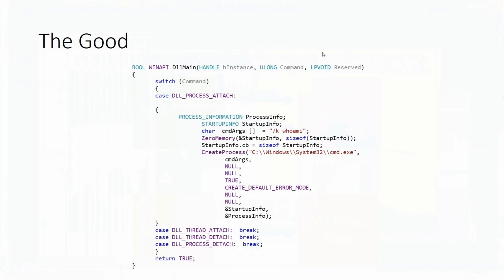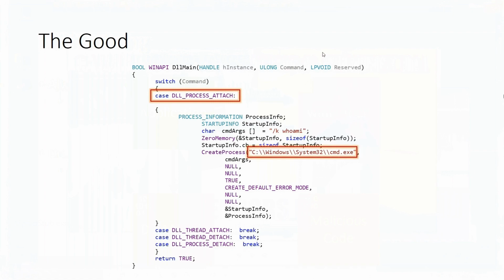Now, this attack is very simple. We just need to put some code inside the DLL_PROCESS_ATTACH case. We can completely ignore the other cases. This code will be called immediately after the DLL is loaded. We can put almost any piece of code that we want in there, although MSDN says that there are limitations, like you cannot load additional DLLs there and you should not create processes inside there.